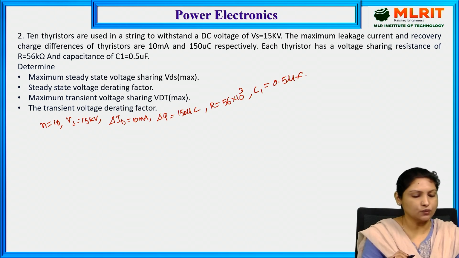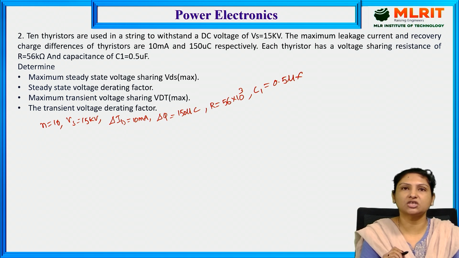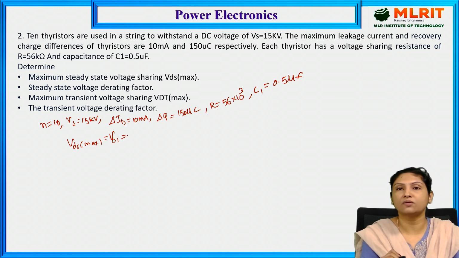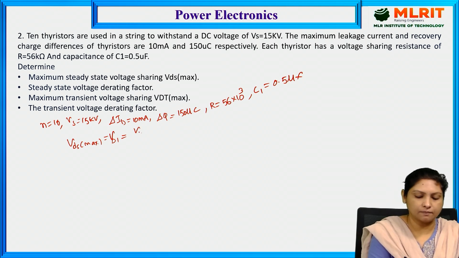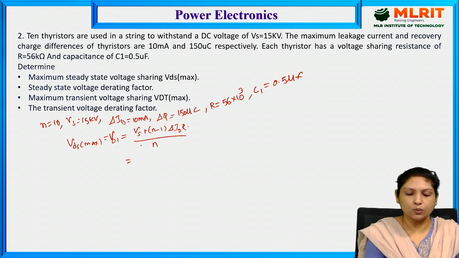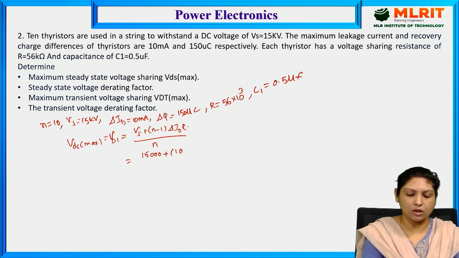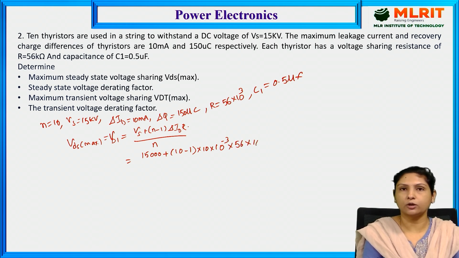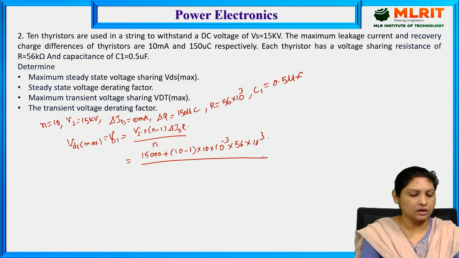Here we are asked to find the maximum steady state voltage sharing, denoted by VDS maximum, or we can also say VD1, where we have already seen the formula for VD1, which is equal to (Vs plus (N minus 1) into delta ID into R) divided by N. Vs is 15 kilovolts, that is 15,000 volts, plus N minus 1, that is 10 minus 1, into delta ID, which is 10 into 10 to the power of minus 3, and resistance is 56 kilo ohms, that is 56 into 10 to the power of 3, divided by N, which is 10.